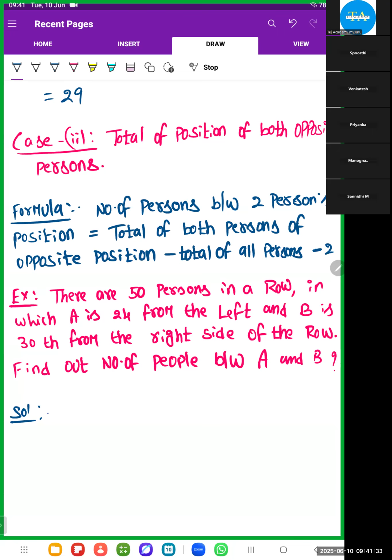So first of all, total of opposite positions minus total of all persons minus 2.